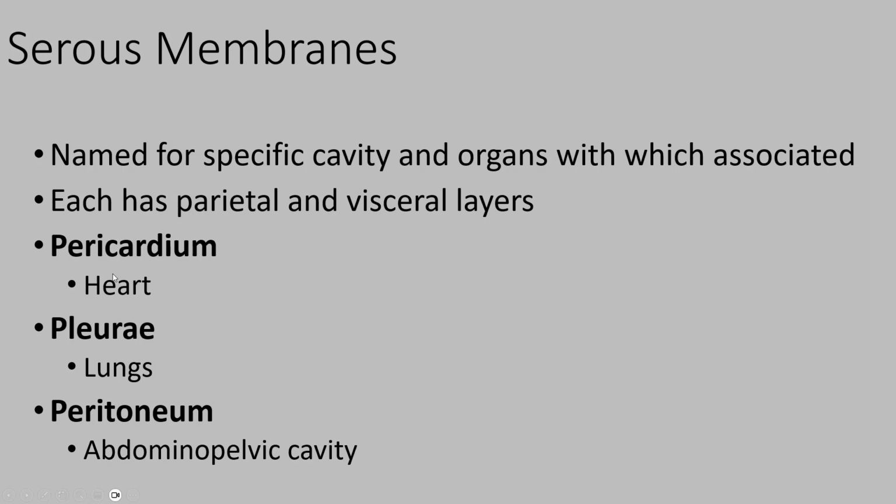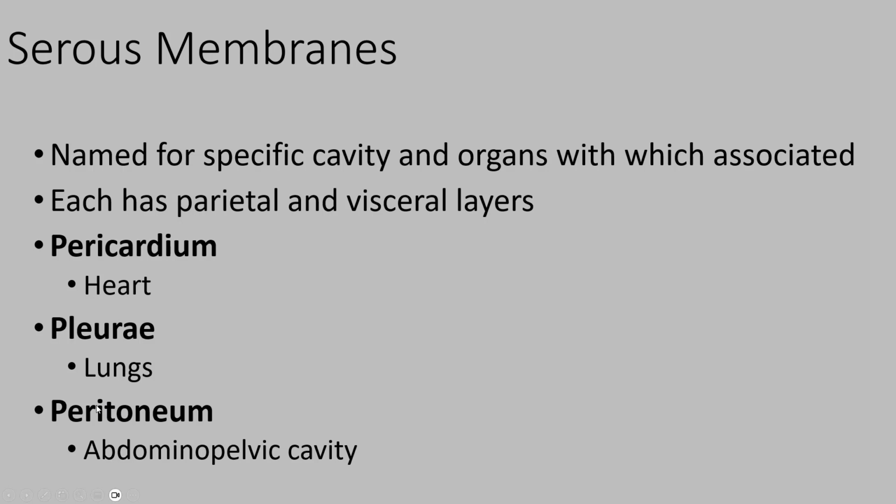The visceral layer sits on the surface of the heart. Around each lung, we call that serous membrane pleura. So there is a parietal pleura and a visceral pleura. The visceral pleura sits on the surface of the lungs.